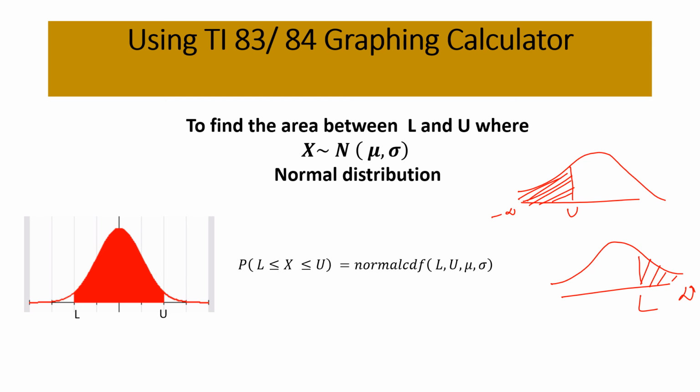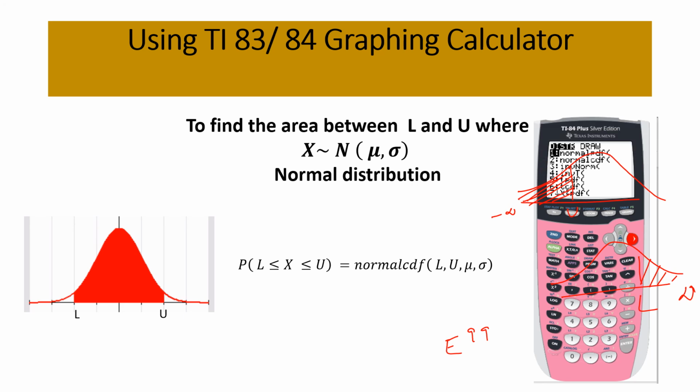When you are using positive infinity and negative infinity in your calculator, you have to enter the key E99 to make use of an infinite value using scientific notation. In your graphing calculator, use the key 2nd VARS, which gives you the distribution, and number 2 is your normalcdf.